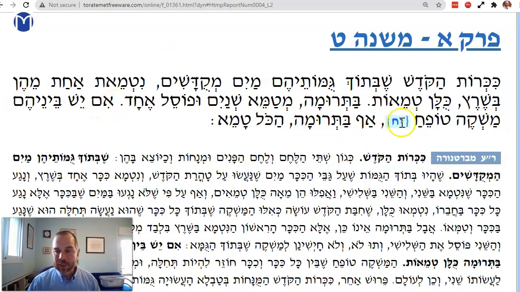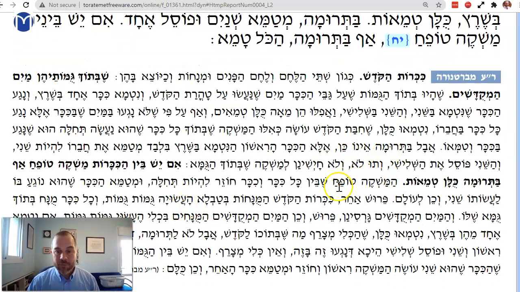But im yesh beinehem mashke tofeach, if there's mashke tofeach, which means dripping liquid, af b'truma hakol tamei, then even in truma everything would be tamei. Why? Because in that case, hamashke tofeach sheben kol kikar v'kikar, the liquid in each one, chozer liot chila, umetamei hakikar shenogeh bo laasot sheni, v'chen leolam. If there's real liquid in there, let's go back to our loaves.